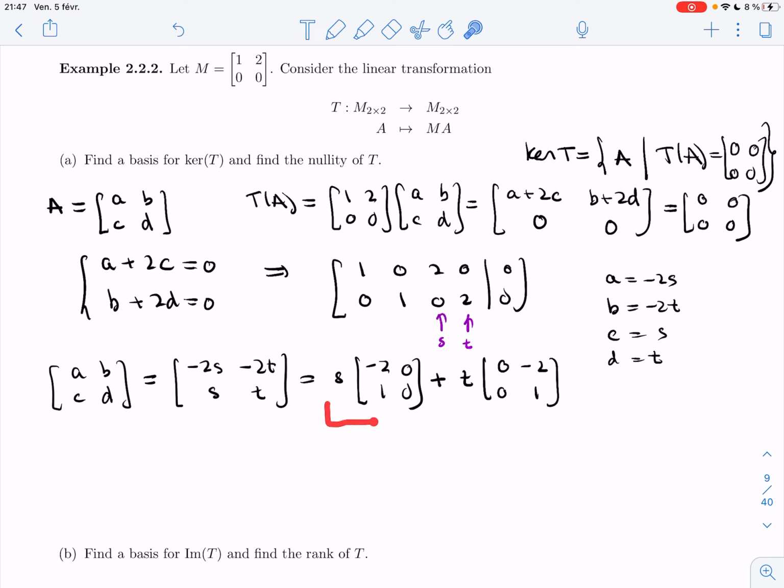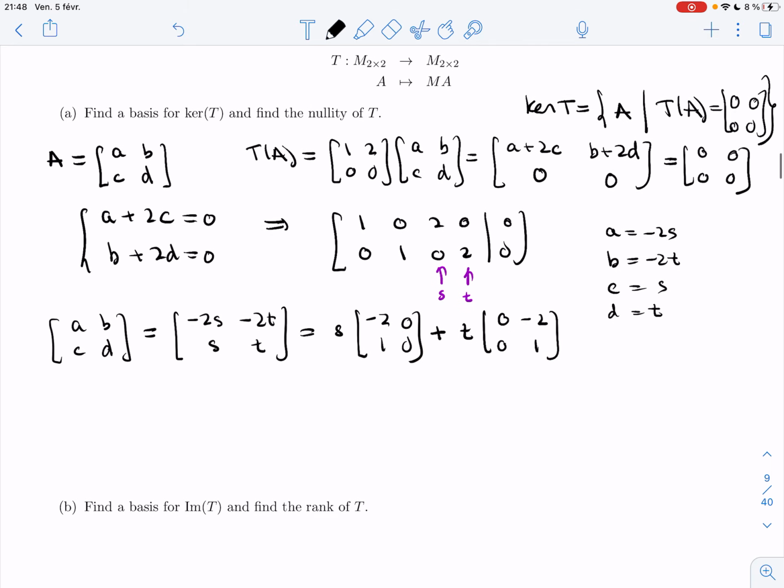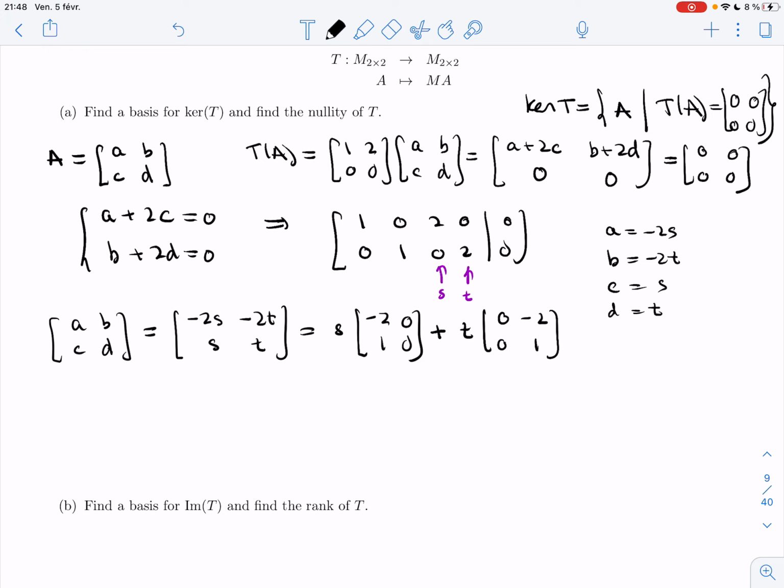And so this tells me that I have two generators. Notice that they're linearly independent. There are two different ways of seeing that, either because they come from a linear system, remember those are always linearly independent, or because if you look at these entries, I have 1, 1, and 1, 0, and so that's going to settle it.